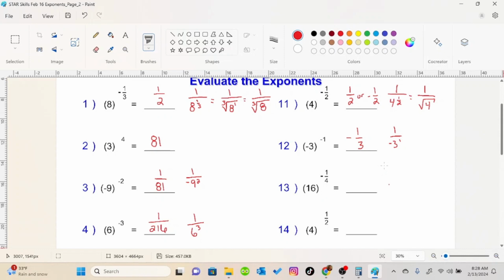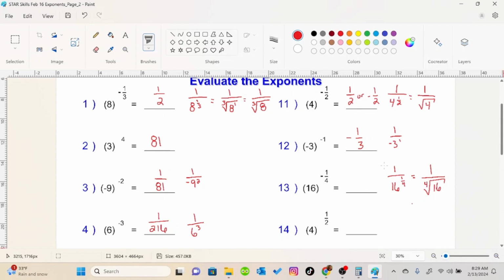Number 13. We have 16 to the power of -1/4. A negative exponent means 1 over. And a power of 1/4 means we want the fourth root of 16.